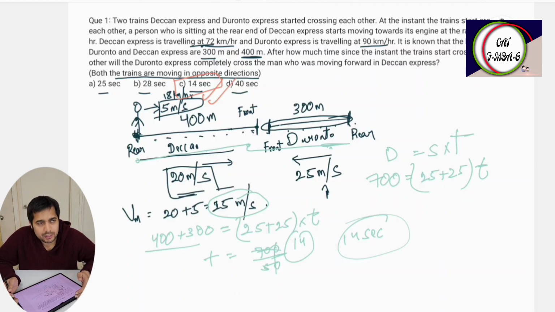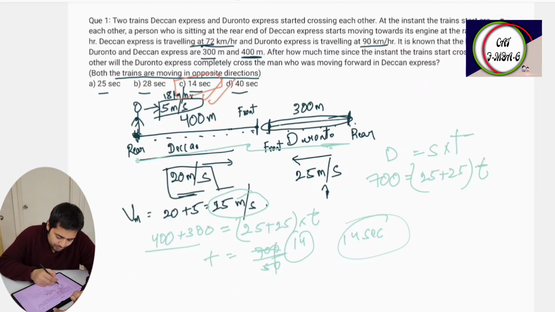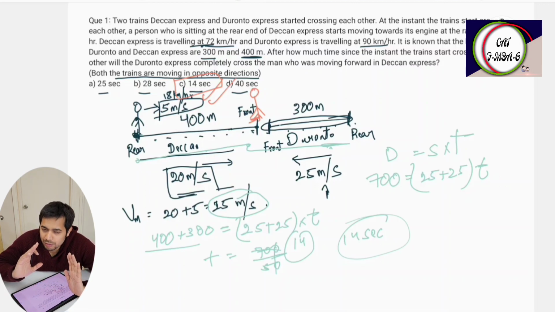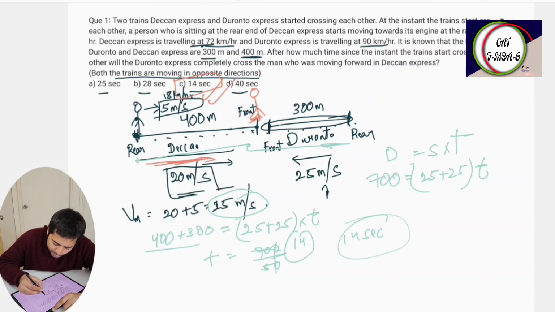Got it? How we solved it? To solve these kinds of questions, start by drawing the diagram and look at what is asked. If the man were here, let us say, and he is not walking, and we have to calculate when Duranto crosses the man, then the man has no velocity, so the effective velocity of the man will be that of the Deccan, which is 20. The distance will not be 400 plus 300, it will be only 300.